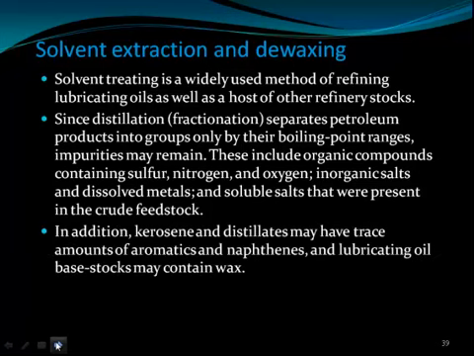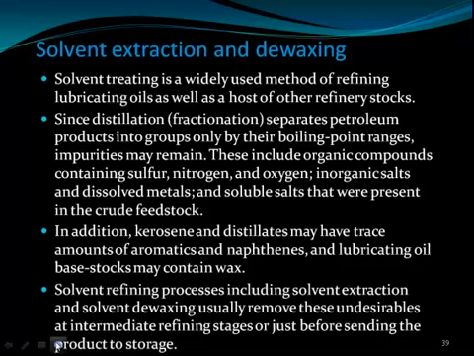So the things which we can't separate by distillation, solvent extraction may help with. In addition, kerosene and distillates may have trace amounts of aromatics and naphthalenes, and lubricating oil base stocks may contain wax. So solvent refining processes, including solvent extraction and solvent dewaxing, usually remove these undesirable materials at intermediate refining stages or just before sending the product to the final stages.